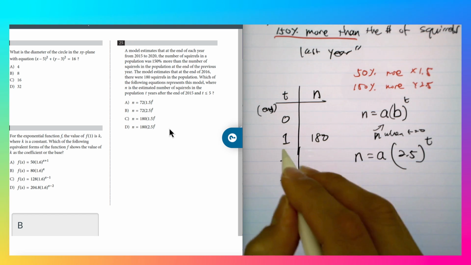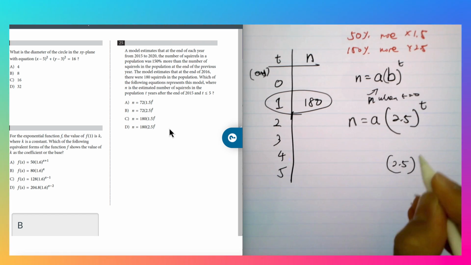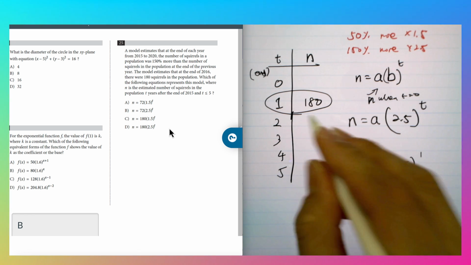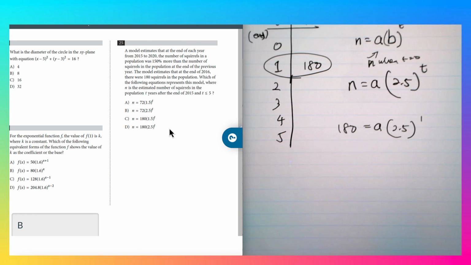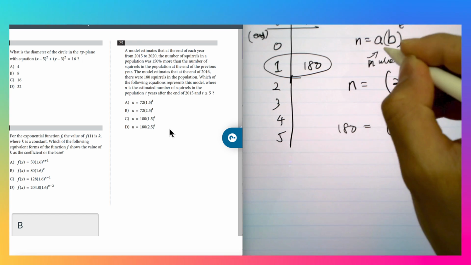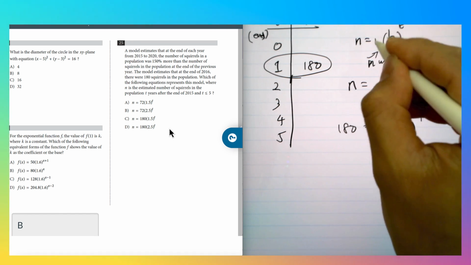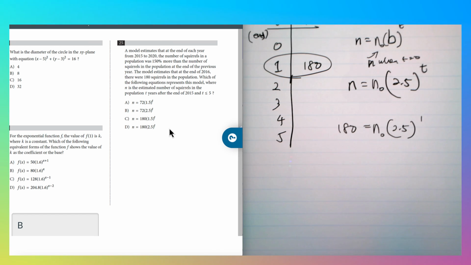So they gave us this: when t equals 1, n equals 180. So a here is the initial population, or I could just replace it with n naught. It's like the initial population.